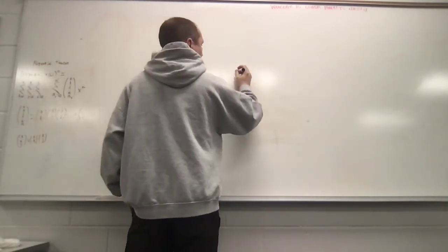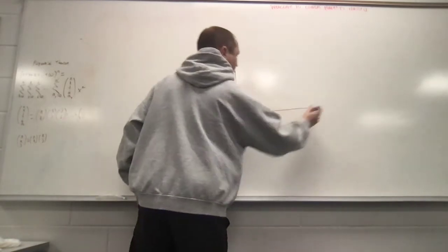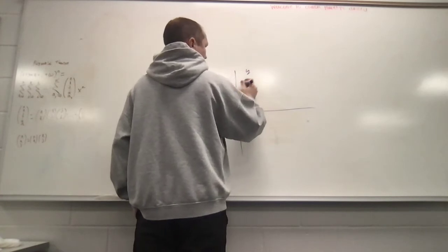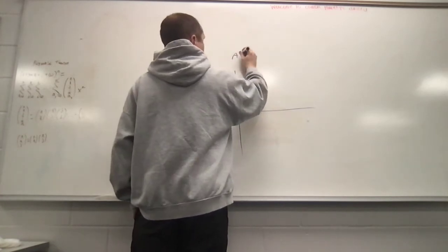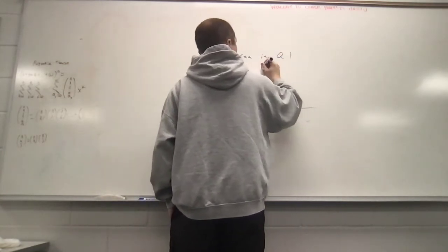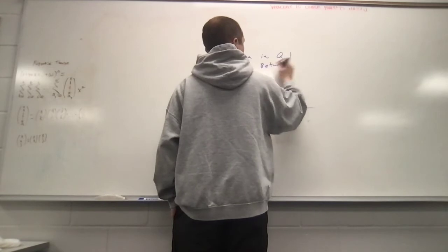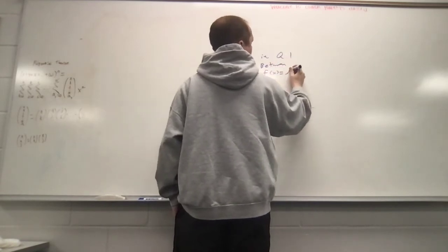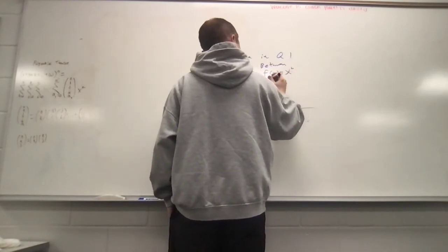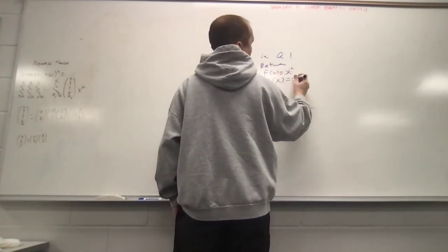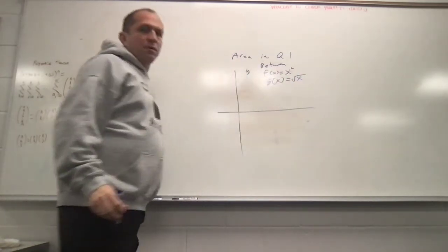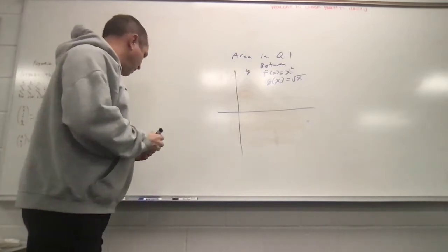So we come here, and let's just say that we want to know the area in the first quadrant between f of x equals x squared and f of x equals the square root of x, or g of x. We need to call it two different functions. So we want to find the area between those two graphs.